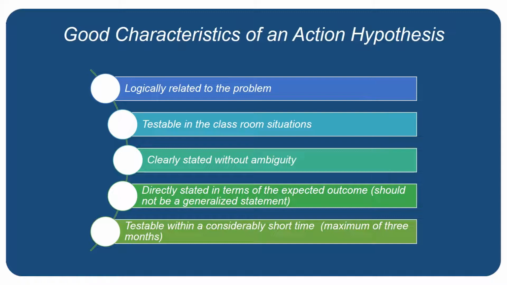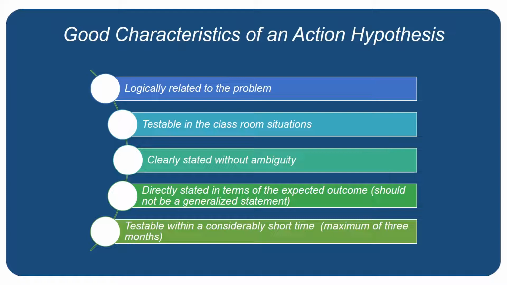It has to be easily doable. It has to be testable. If you frame some hypothesis, it has to be testable, and it has to be clearly stated without ambiguity. That is very important. And the hypothesis has to be directly stated in terms of expected outcomes. It should not be generalized statements.